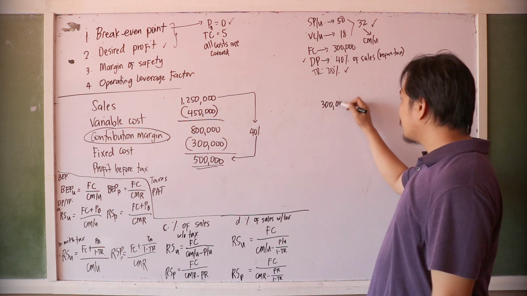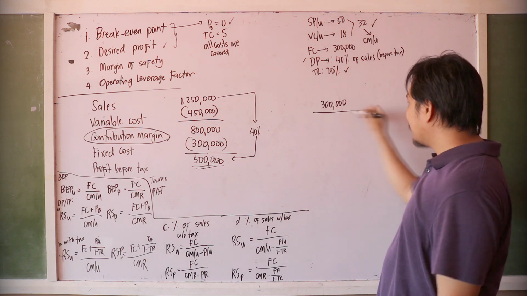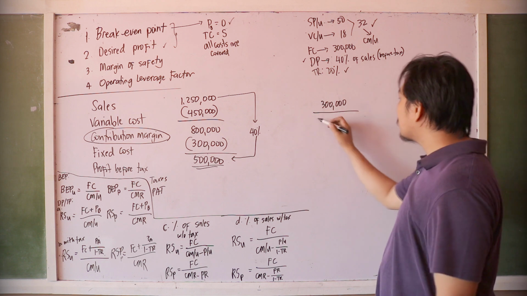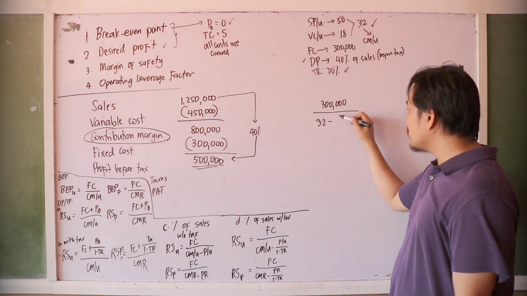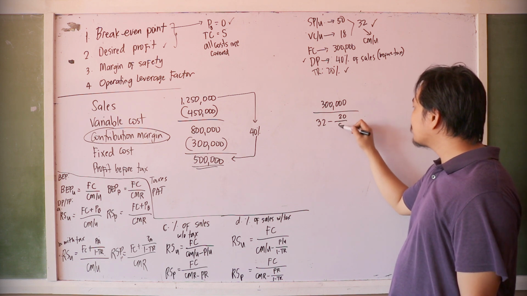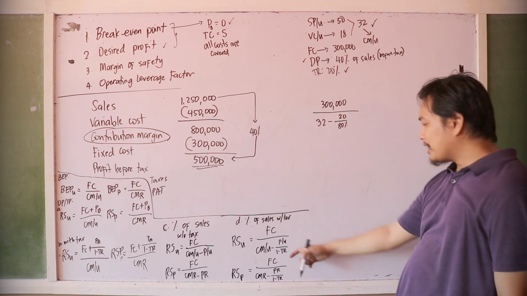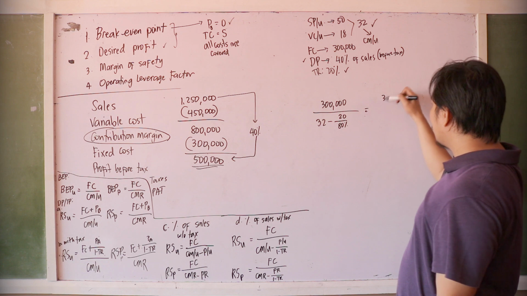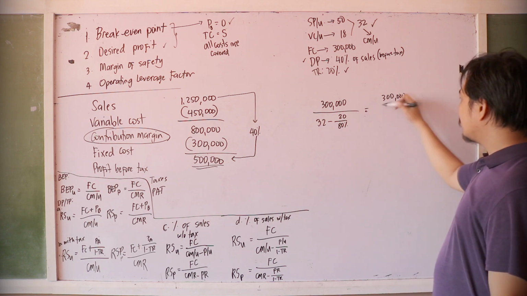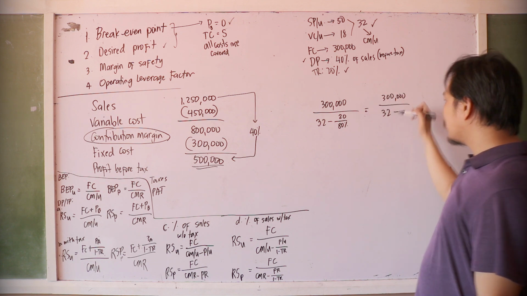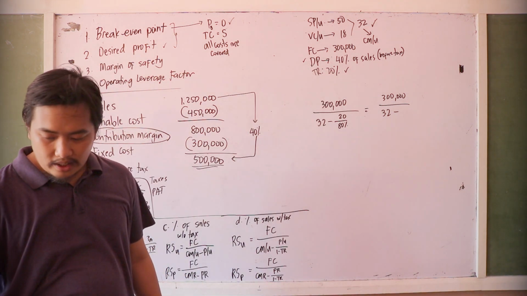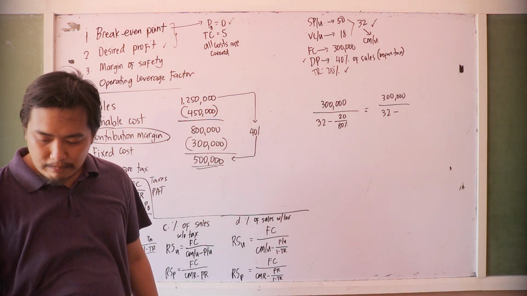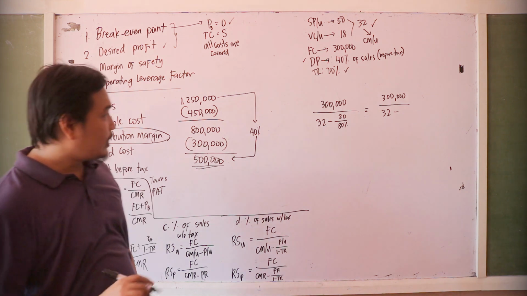300,000 na fixed cost divided by contribution margin per unit na 32 minus yung profit per unit 20 divided by 80%, 1 minus tax rate. So 20 divided by 0.8 is 25.